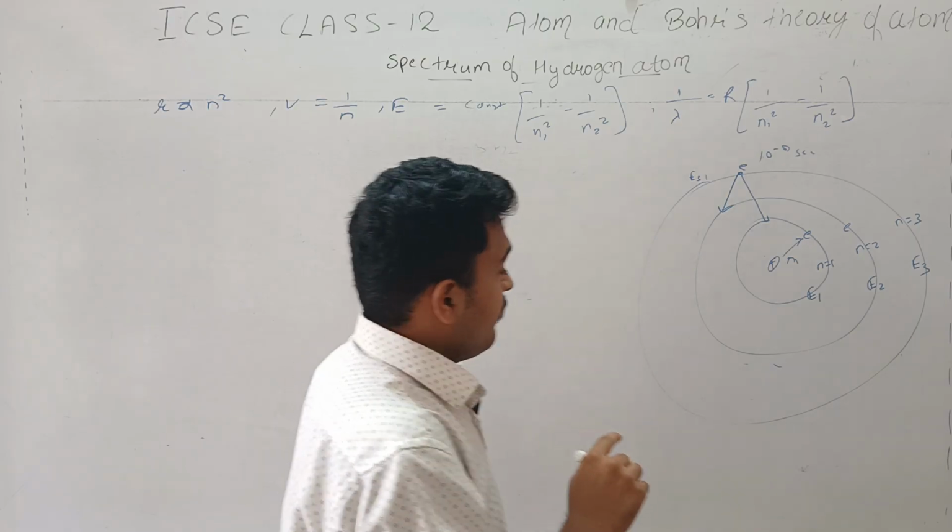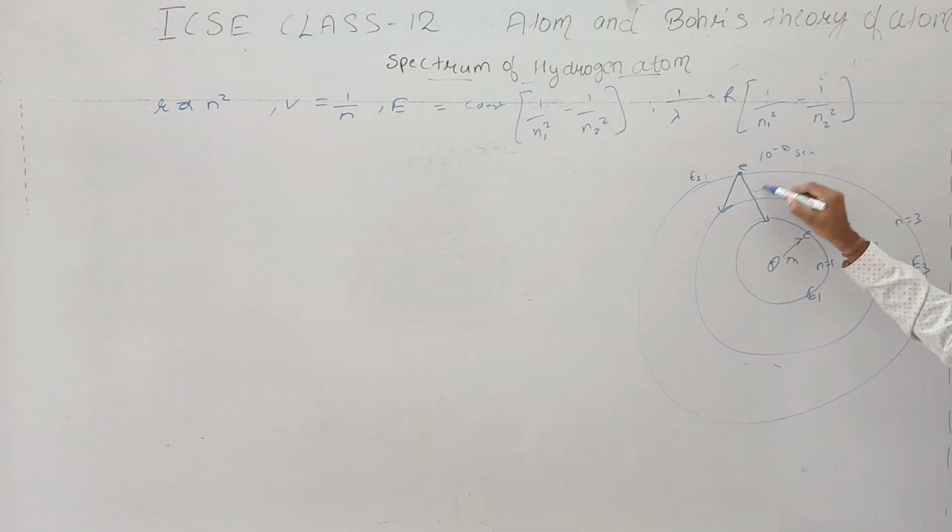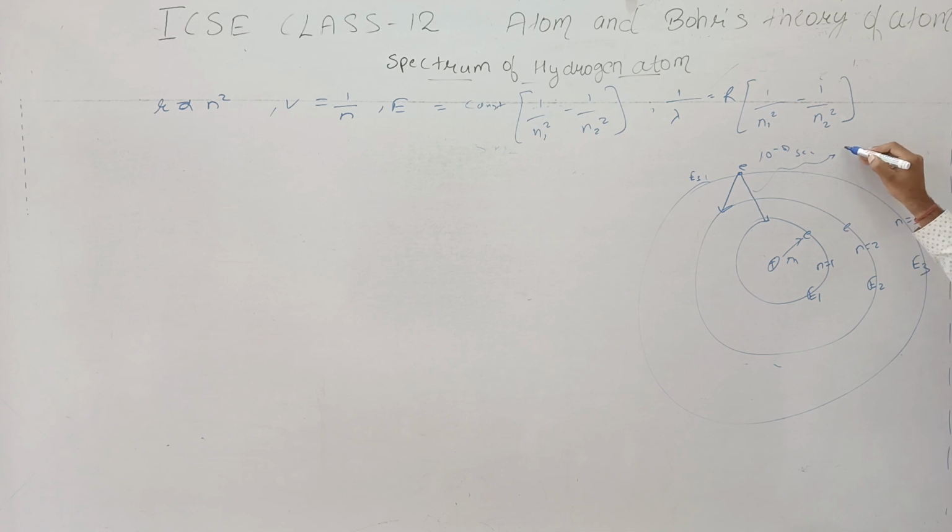If it comes to the first orbit, then there will be a different lambda. The lambda will be for the transition between orbit 3 and 1, as it will release energy in terms of a photon, and the wavelength of the photon will be lambda 3,1.